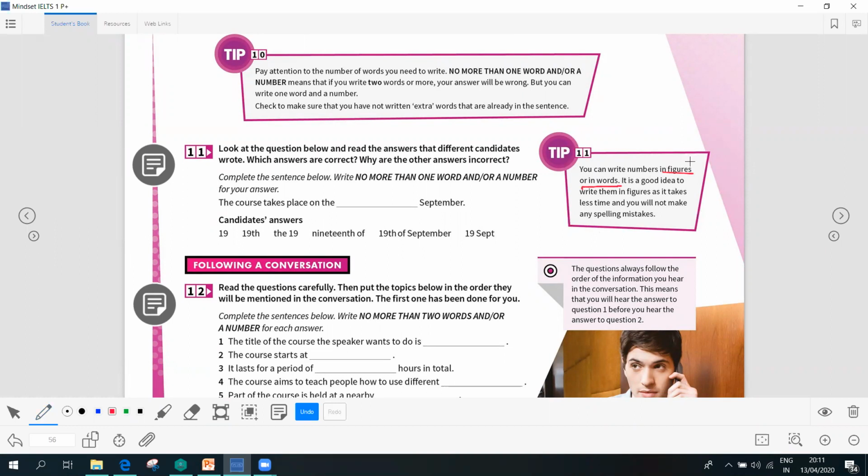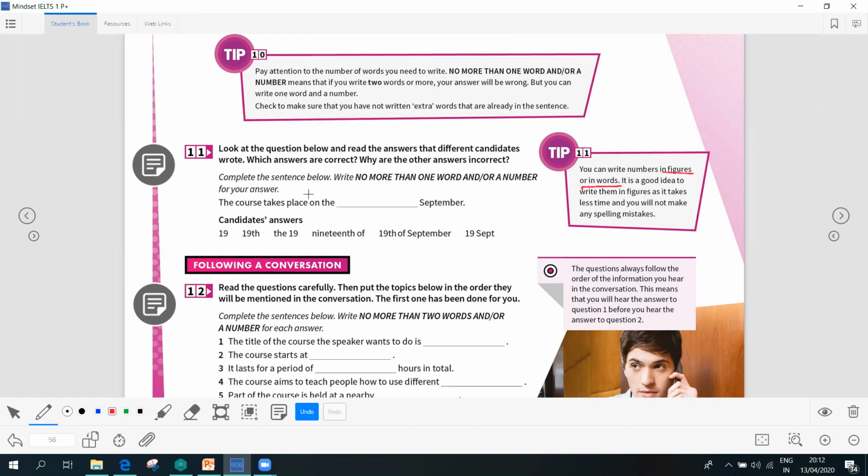So you can write the number as a figure, as a number itself, or you can write it in words, like 2, TWO. It's a good idea to write them in figures as it takes less time and you will not make any spelling mistakes. As I told you earlier, if you spell the word or the number incorrectly, your answer will be wrong. So it's always better to write a number when a number is required. Don't write the number in words.